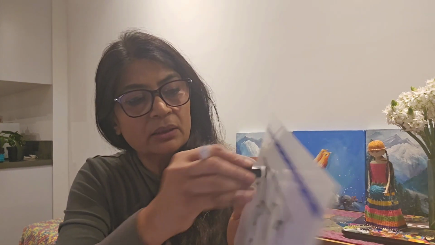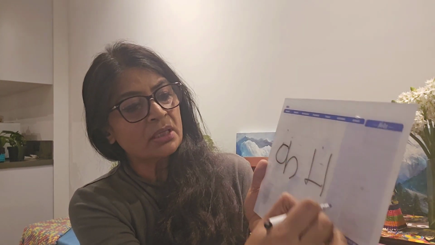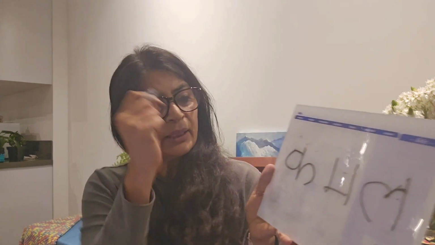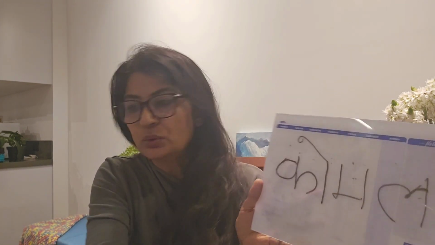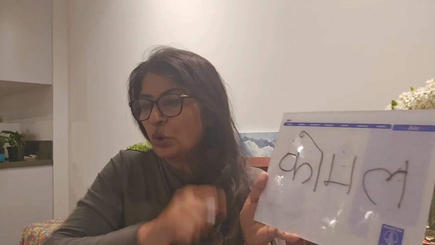How do I make Komal? I have K, I have M and I have L, and I want to make this Komal. So I just put a line here and I do this 9 and this becomes Komal.